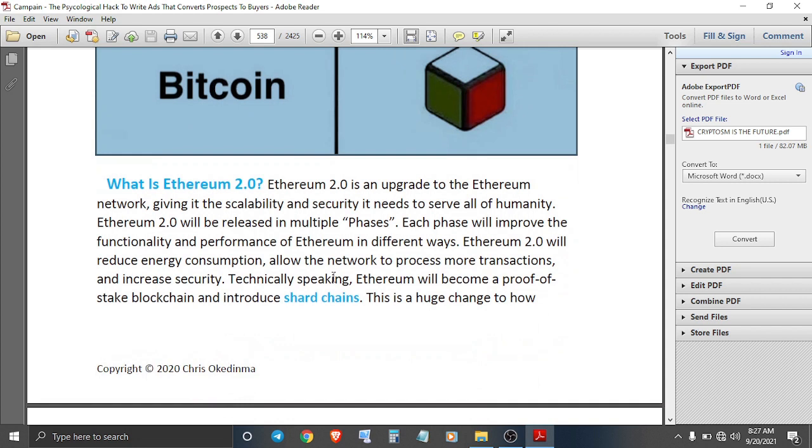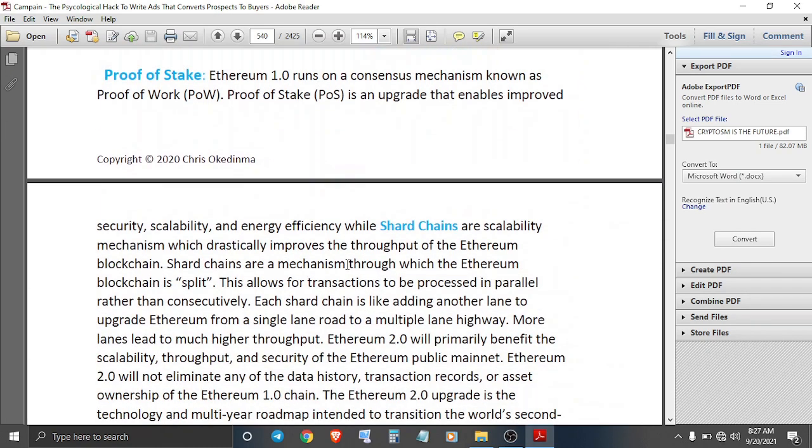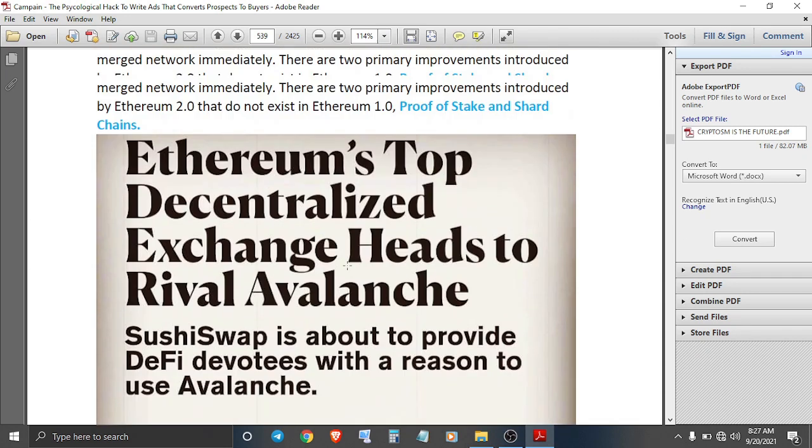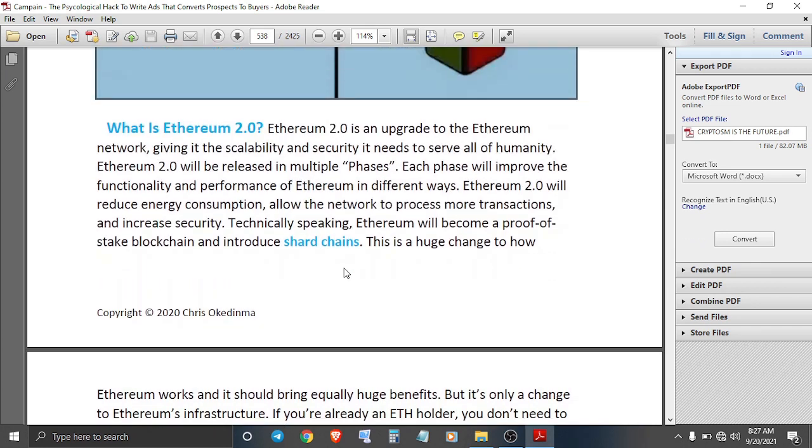And like we said with Ethereum 2.0, we're not going to go into full depth, let's just take a glance, because in the other book, Digital World of the Future, I explain more about this Ethereum 2.0 and how it will enhance the Ethereum network.